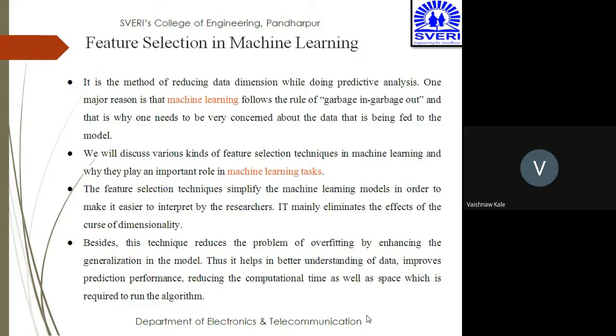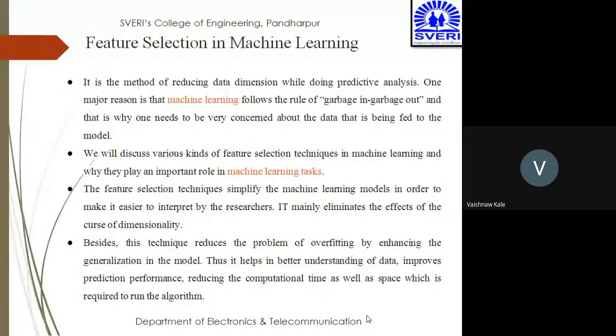While doing predictive analysis, obviously you are going to predict the output. One major reason is that machine learning follows the rule of garbage in, garbage out, and that is why one needs to be very concerned about the data that is fed to the model. Once again, I have always said that machine learning is data driven.